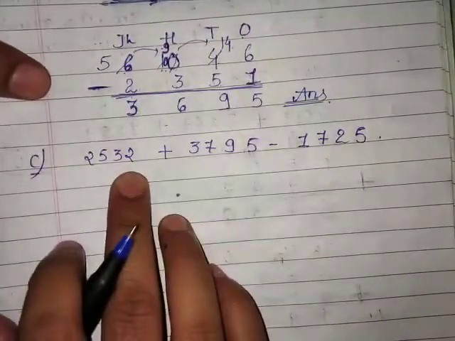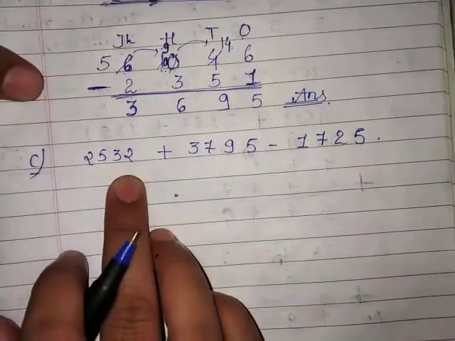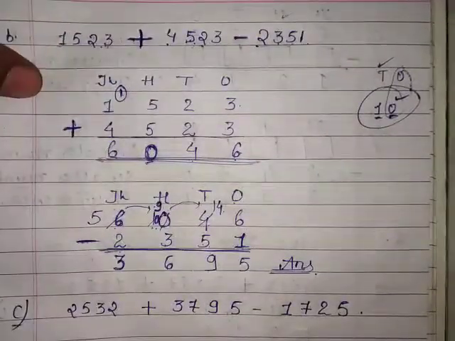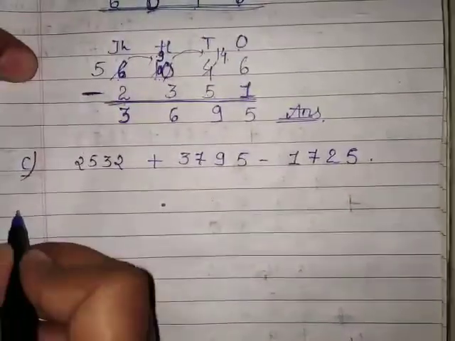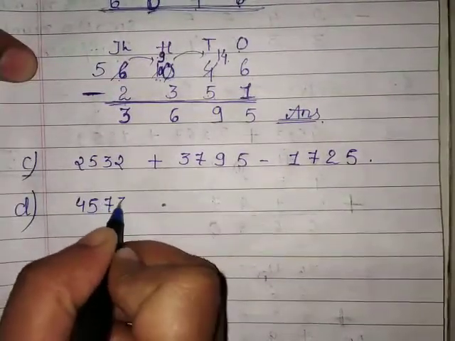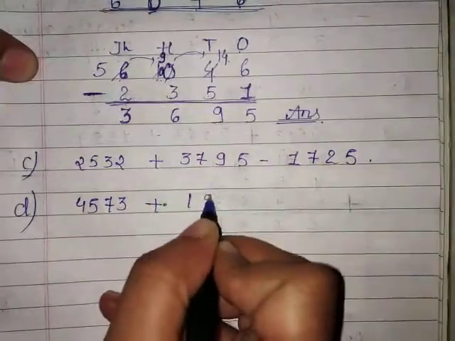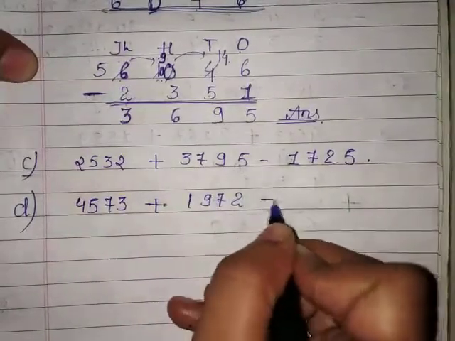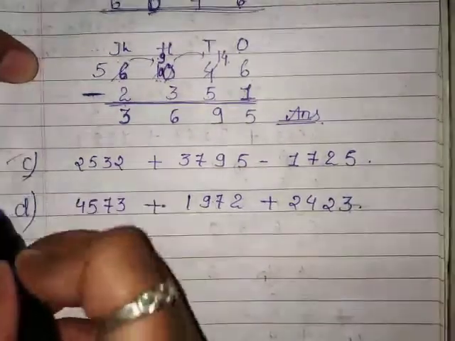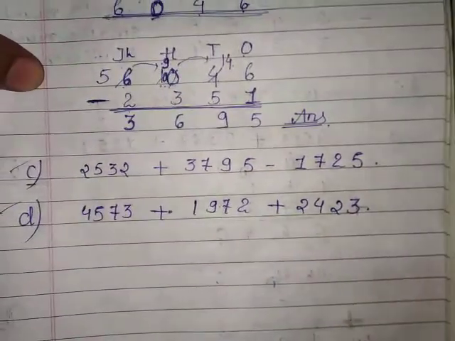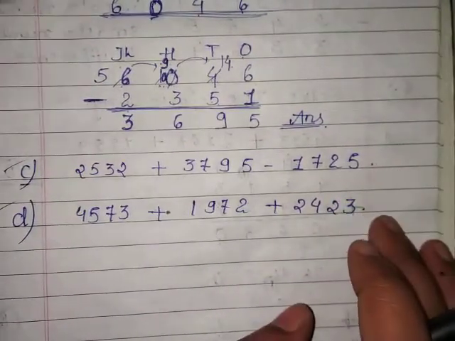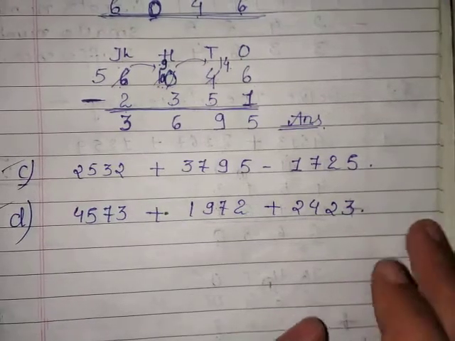This question you have to do, as this question is the same as question number B. Now question number D I will give you: 4573 plus 1972 plus 2423. So these two questions are here. I am giving you these questions to do as homework.